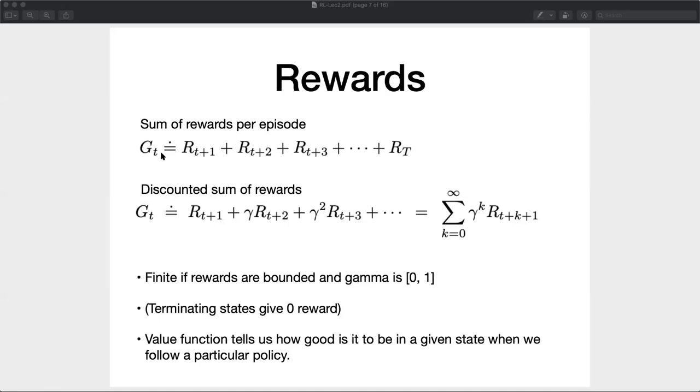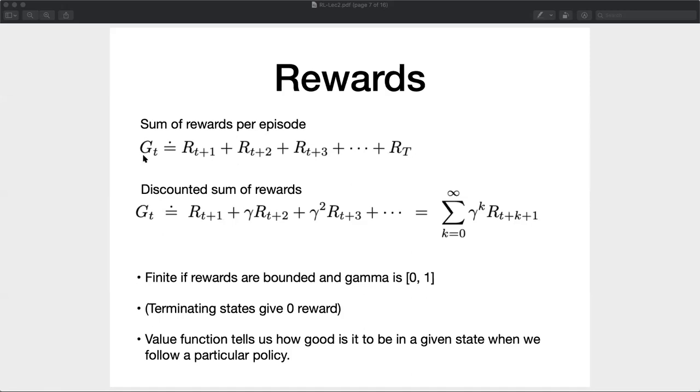I kind of already hinted at this before. We want to maximize rewards, and so the simplest way you can do this is just add up all the rewards that you get. So at a given time t, the value of it is going to be the sum of all the future rewards you will get.